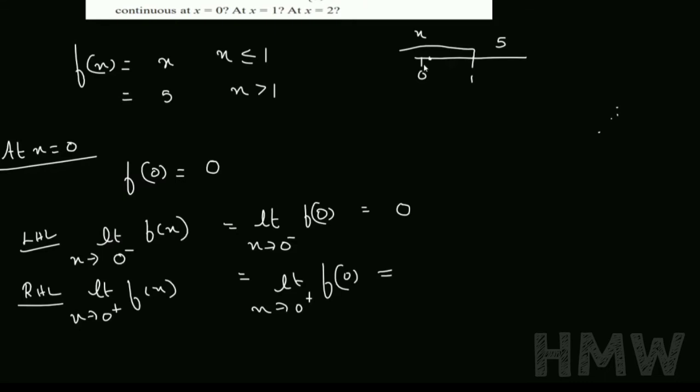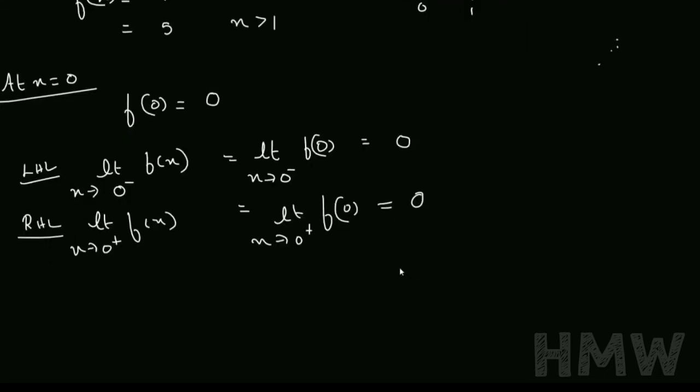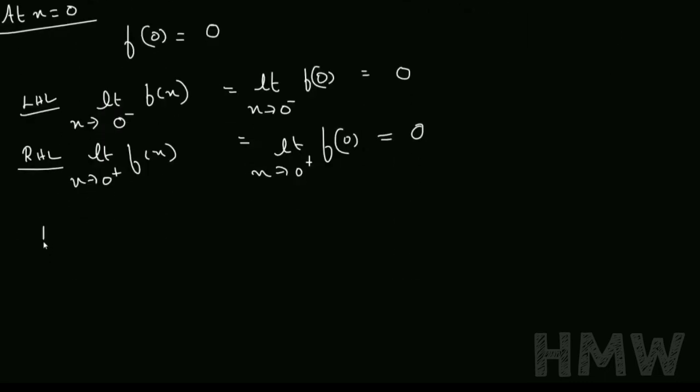Left of 1 means it is identity. So f of 0 is 0. So the left hand limit is equal to the right hand limit is equal to 0. So limit x tends to 0 of f of x exists.